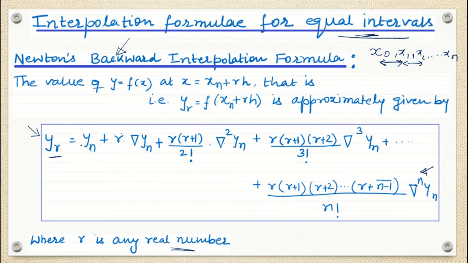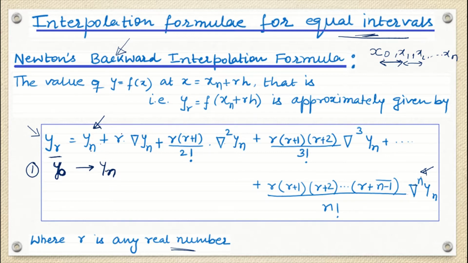If we relate the forward and backward interpolation formulas, which changes are we going to make? First, we replace y0 with yn. This is the very first term. The y0 in Newton's forward interpolation formula was the first entry under the y column, but in the backward interpolation formula you take the last entry of your y column.